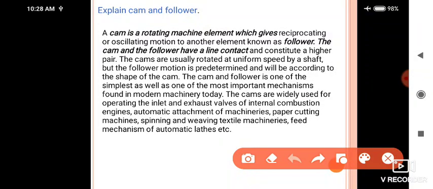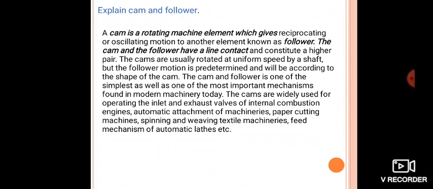The CAM and the follower have a line contact and constitute a higher pair. The CAMs are usually rotated at uniform speed by a shaft, but the follower motion is predetermined and will be according to the shape of the CAM.